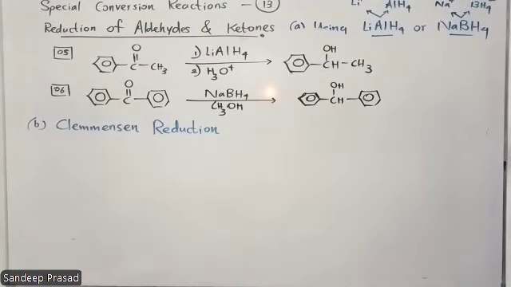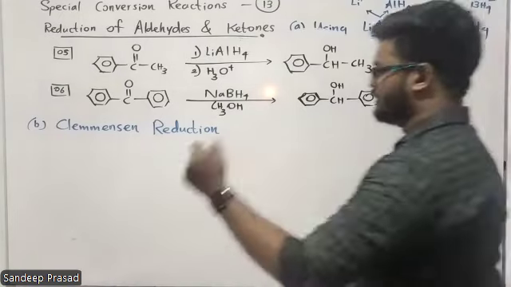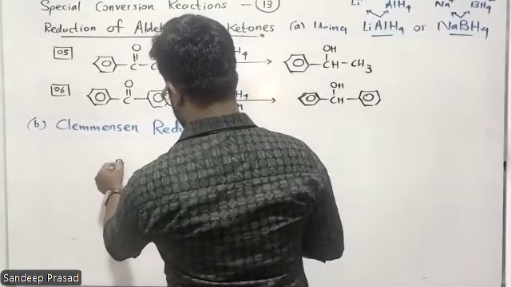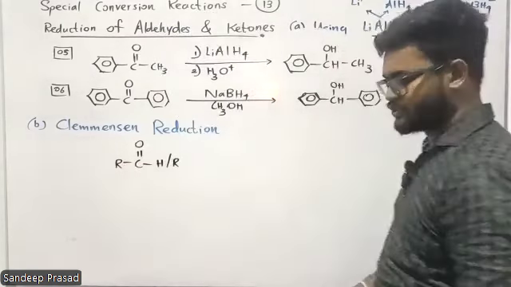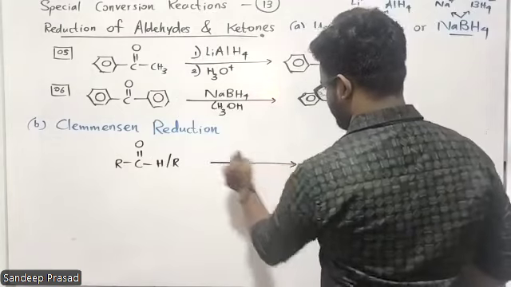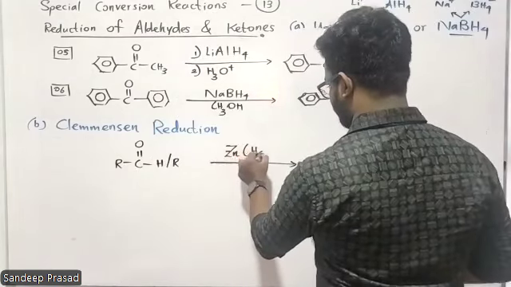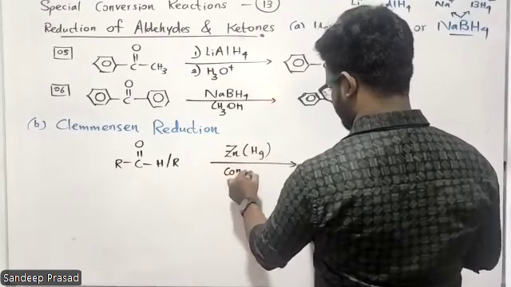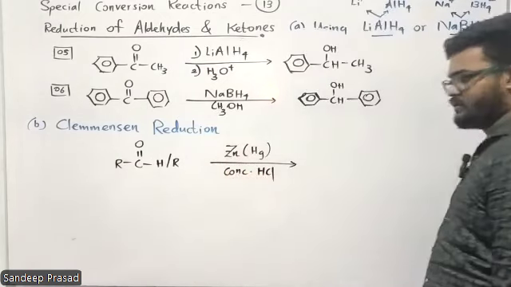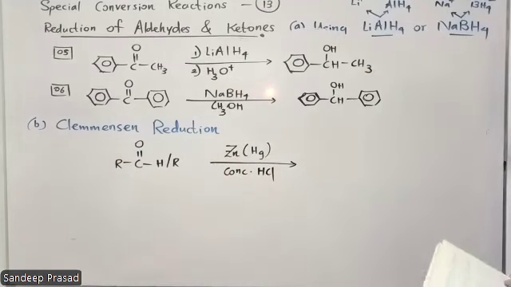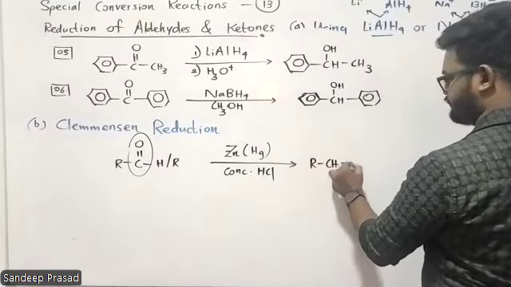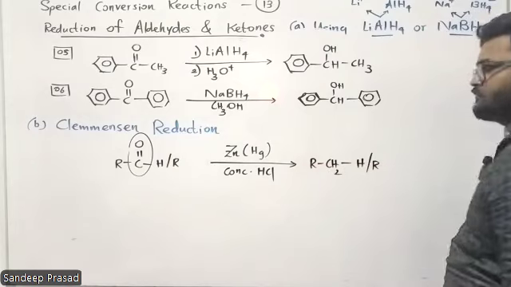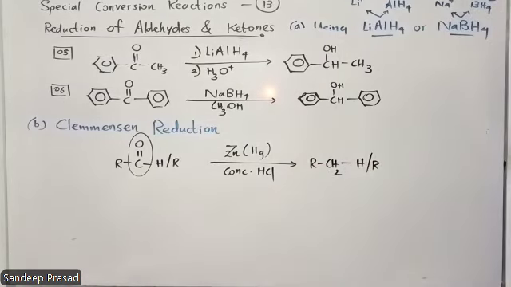In the Clemmensen reduction, what will happen is, just imagine we have this kind of an aldehyde, C double bond O. The reagent that we are adding is zinc mercury amalgam and concentrated HCl. Then this C double bond O group is converted directly into CH2. That means it is converted into an alkane.